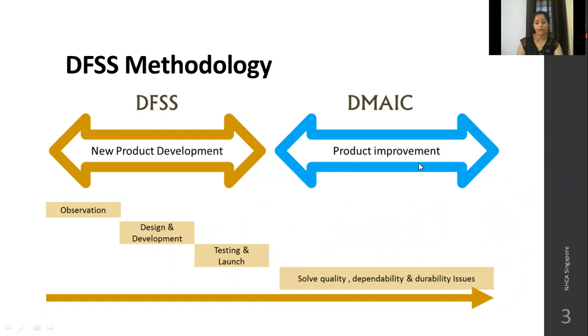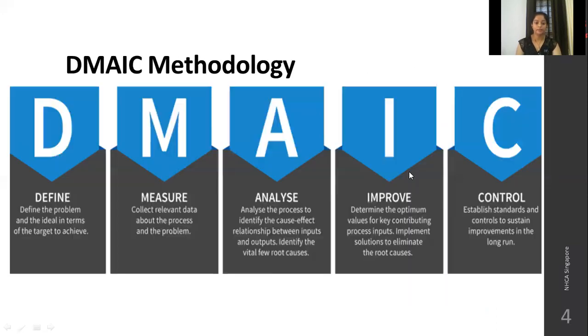So product improvement will come as a response to the feedback that your product is getting from the consumers. So solve any quality related issues, durability issues, dependability issues. You have to solve that using the DMAIC methodology of Six Sigma. So we will see what this DMAIC methodology is in the next slide.